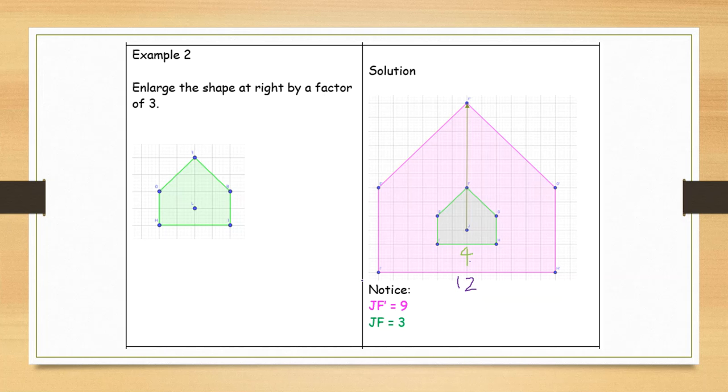You can see here for the note, I want you to notice that JF, which is this line from J to F dash, is 9.